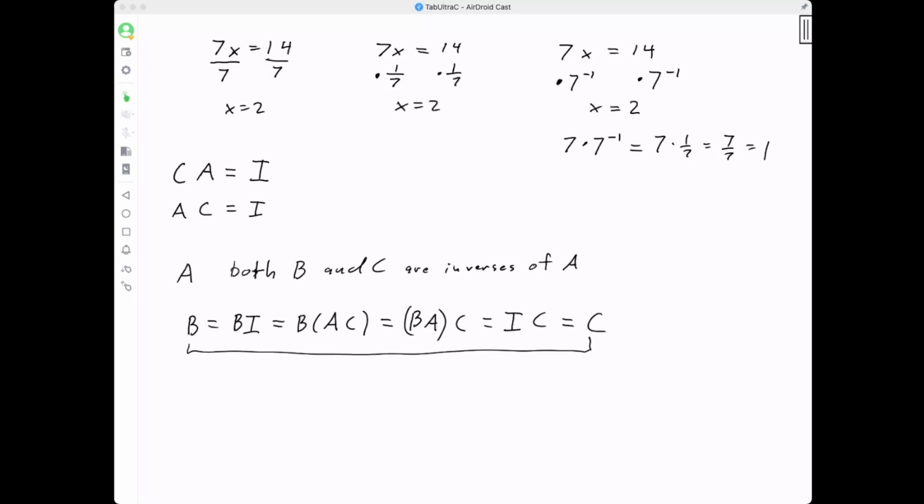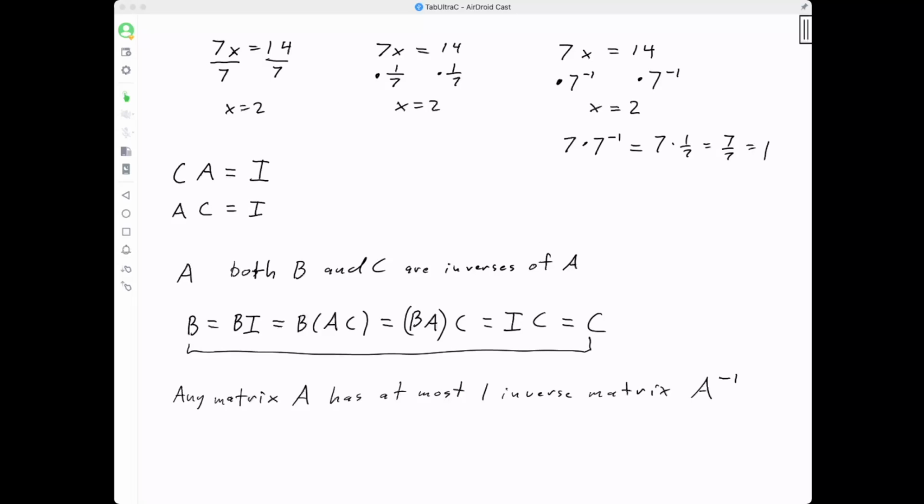So if you have two inverse matrices, they have to be the same, which means that any matrix A has at most one inverse matrix. From now on, we will denote that A inverse.